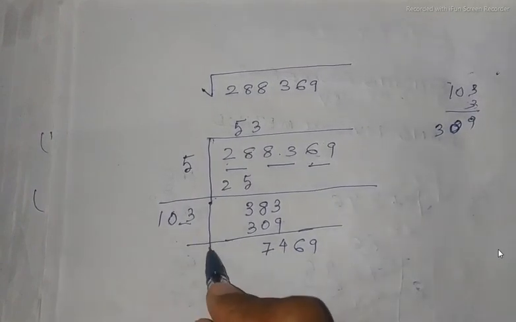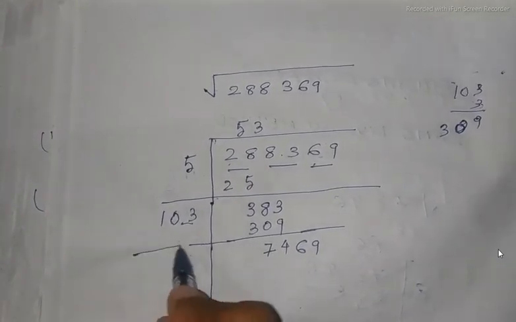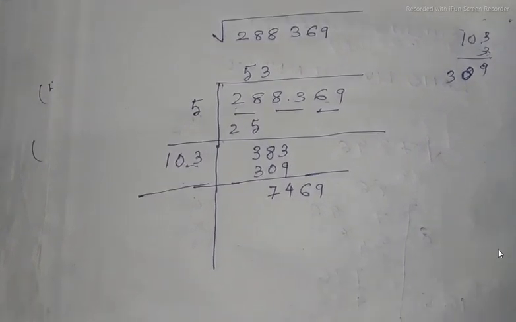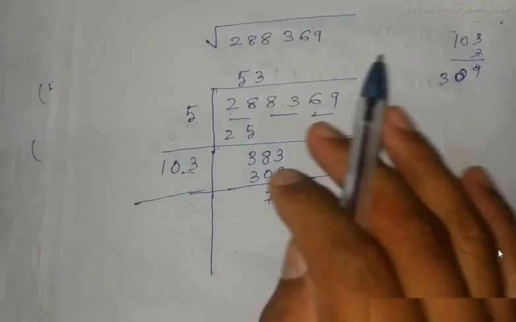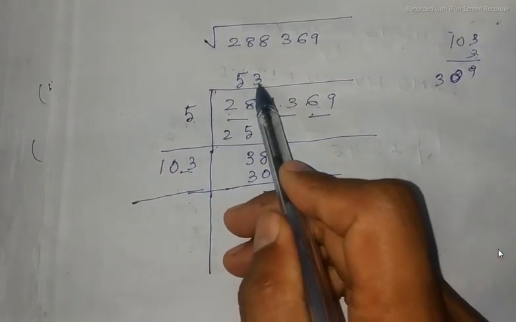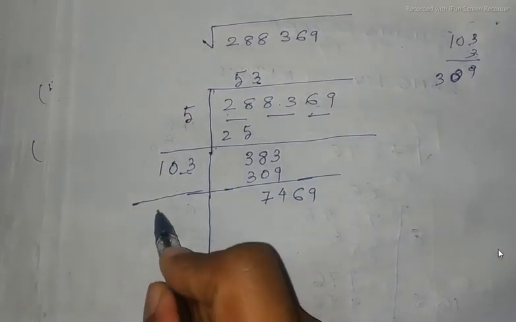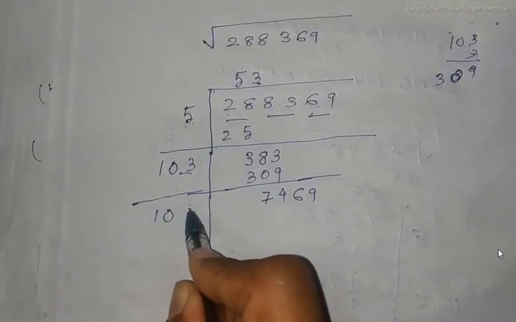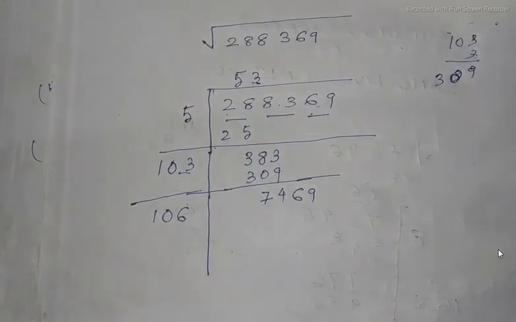69. What is the double of the quotient 3? It is 6. So 106.